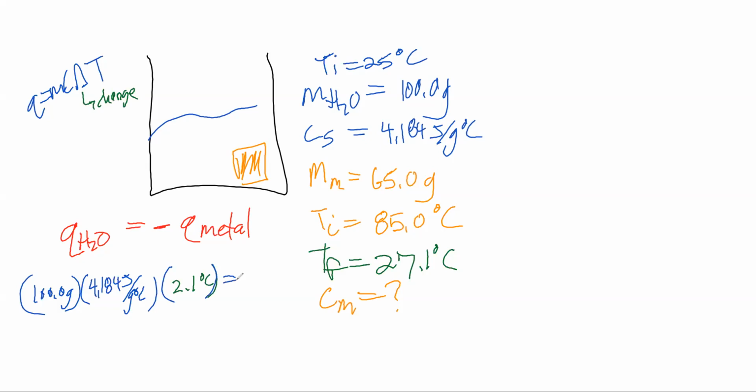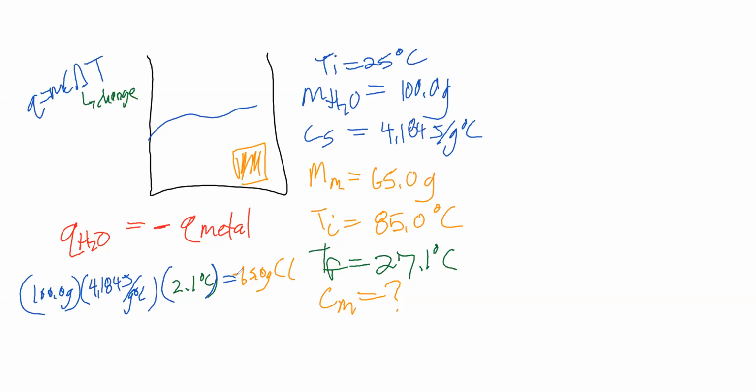And on the other side, for our metal, we know the mass of it, 65.0 grams. We don't know its C, but do we know its delta T? What should the delta T be for our metal?